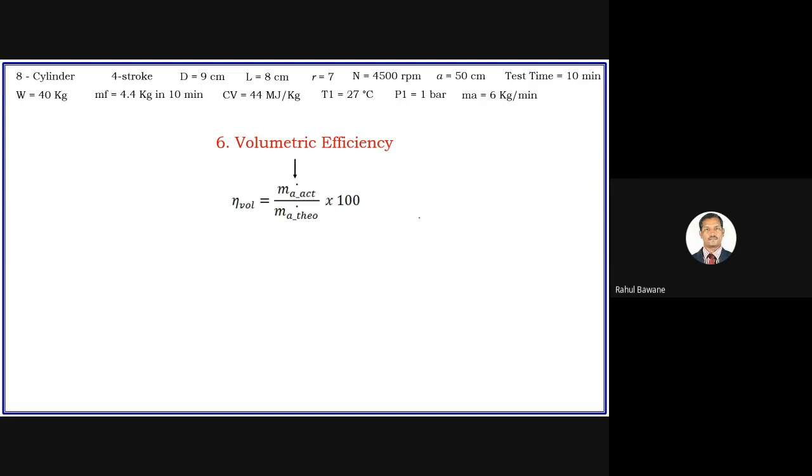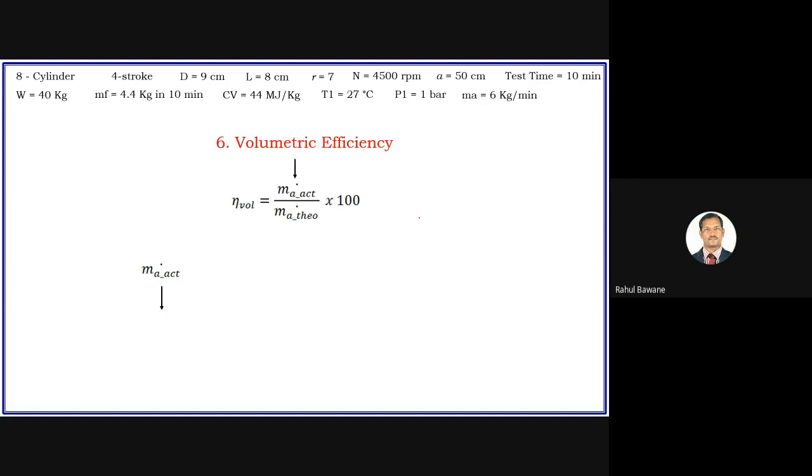So volume wise, it occupies the whole cylinder, but in an expanded form. Mass wise, it is less because due to expansion density decreases. So volume wise it occupies the complete volume, but mass wise it is a lesser amount. So we have to calculate volumetric efficiency.